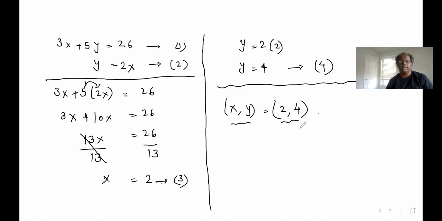When you plot these two lines on the graph, they will pass through this unique point, or in other words, (2, 4) is the ordered pair which lies on both of these equations. Okay, so we should know why we are doing this and what is the physical meaning, what is the interpretation behind it. All right, so enough said.